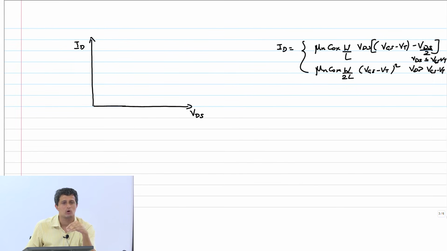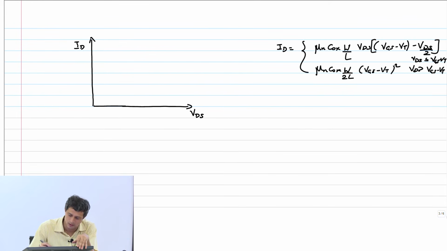So I am going to now assume that all my VGS values that I consider in this plot are greater than the threshold voltage, because before that the current will just be 0. So I am not interested in that. What will the curve look like as I look at various VGS values?